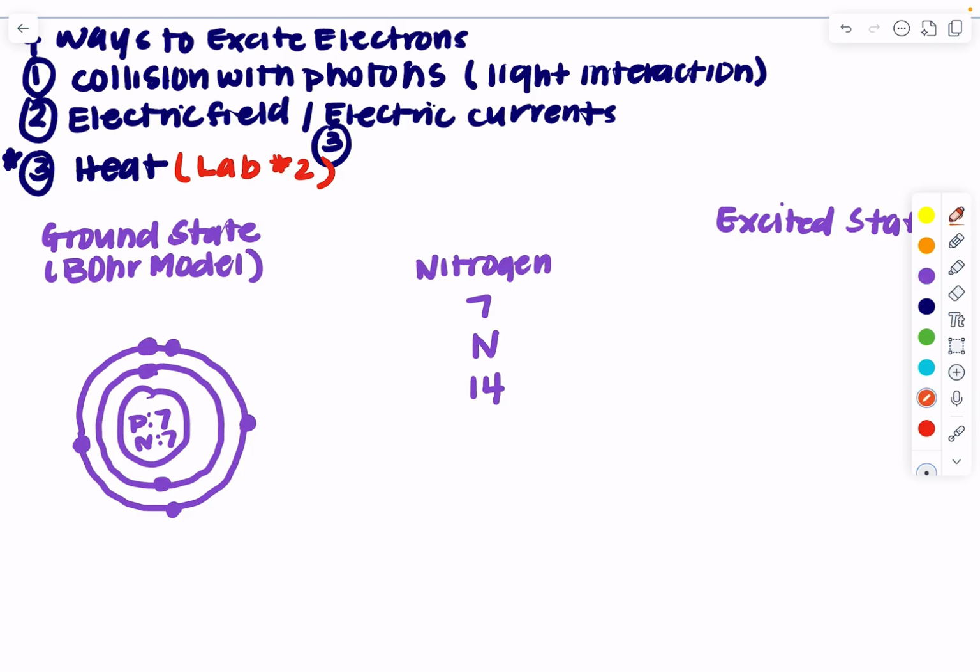If you notice on the ground state, there are some empty spaces on the second energy level where electrons can actually fit. So if nitrogen had a -1 charge, we could fit an electron here. If it had a -2 charge, we could fit an electron here. If it had a -3 charge, we can fit an electron here.